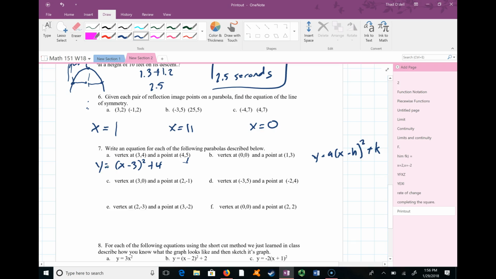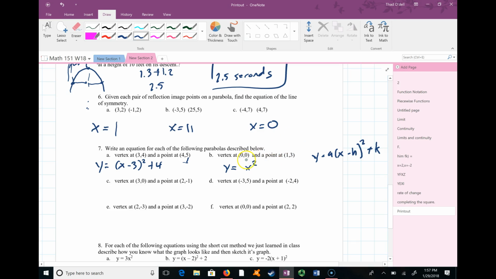So that's my equation. Now on this one, this is just going to be y equals x squared with no shifting, right? Because the vertex is where it's supposed to be. So the h and k are both 0. But notice, however, from here, if I go over 1, up 1, I don't hit the graph. So that means this graph has been stretched.